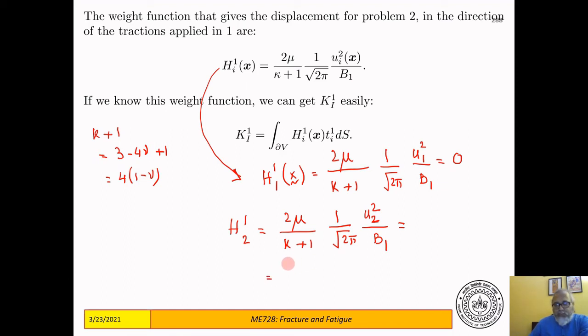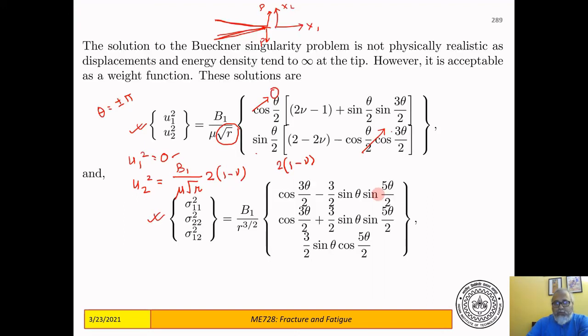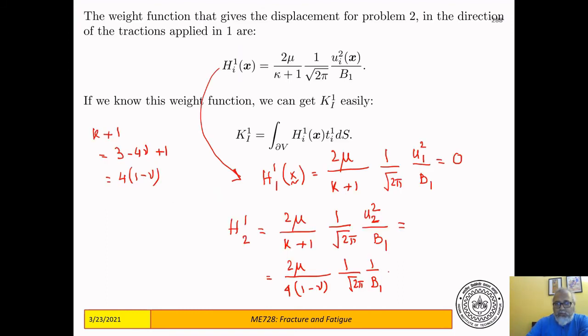So this is 2 mu by 4 into 1 minus nu, 1 by root 2 pi, 1 by b1 times u2, which is b1 by mu root r into 2 into 1 minus nu.